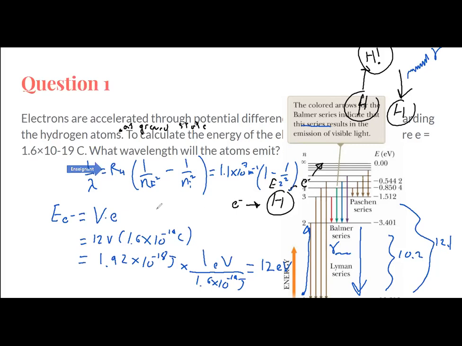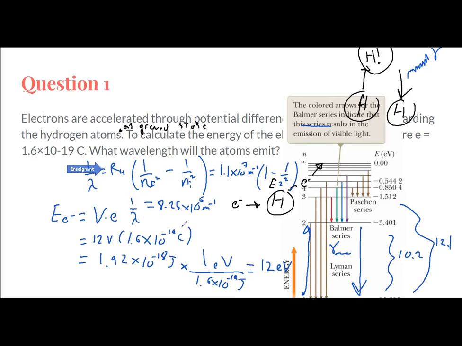But that should give you about 8.25 times 10 to the 6. This is not the wavelength, it's 1 over the wavelength, right?